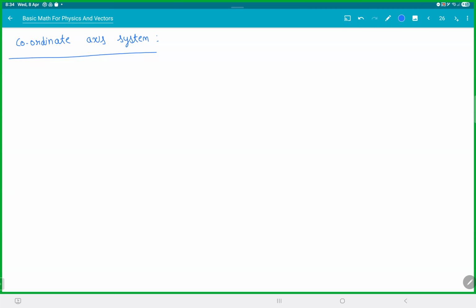Anyway, what is this coordinate axis system? It is a mathematical notation to locate a point. Basically, it is a way of giving an address.